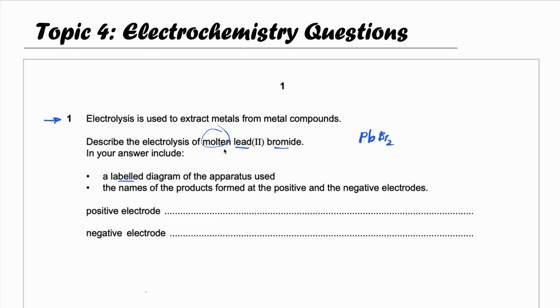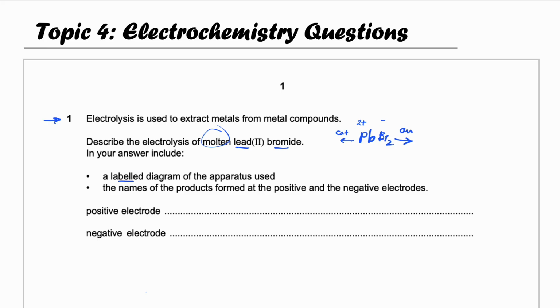PbBr2. Since it's molten, we don't have any hydrogen or hydroxide ions. So here we have just the positive lead ion and the negative bromide anion. Now the positive cation will get attracted to the cathode, and the negative anion will get attracted to the anode. So anion, anode, cation, cathode.